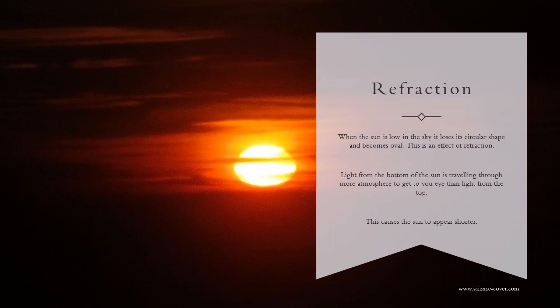When the sun is low in the sky, it loses its circular shape and becomes oval. This is an effect of refraction. Light from the bottom of the sun is traveling through more atmosphere to get to your eye than the light from the top of the sun. This causes the sun to appear shorter.